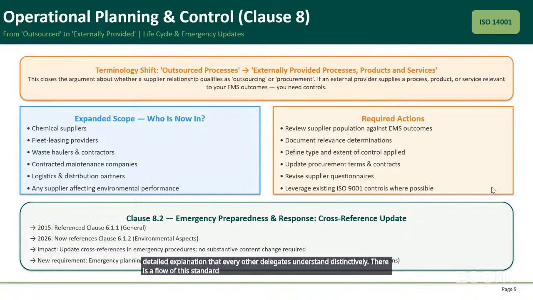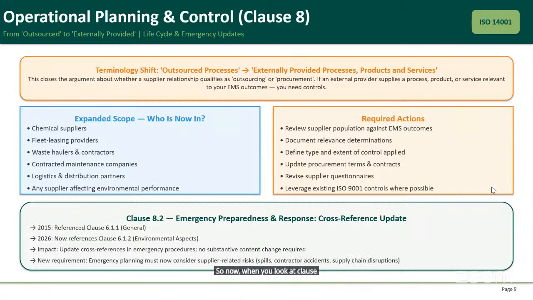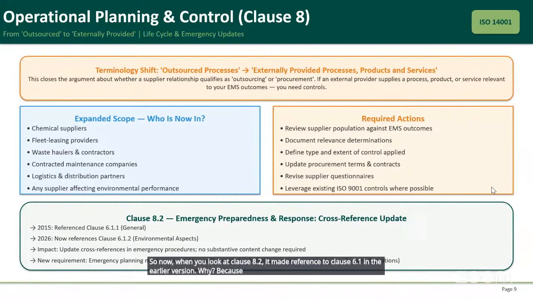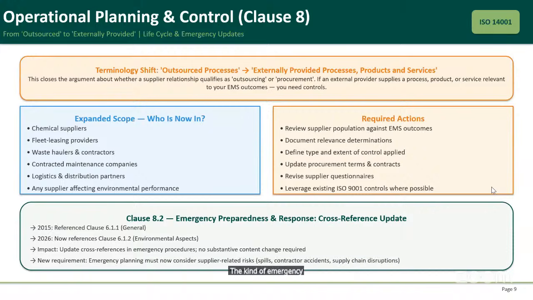So now when you look at clause 8.2, it made reference to clause 6.1 in the earlier version. Why? Because when you are planning for emergency, the kind of emergency that you prepare for is based on the kind of risk that you have identified, and your risk is based on the context, what you do in your organization.